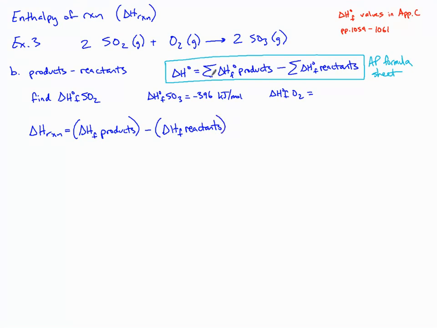These sigmas don't need to show up once you actually start using the formula. So let's take a look at what is the delta H of the products. And we only have one product. And here's some, let's do it on the next slide.